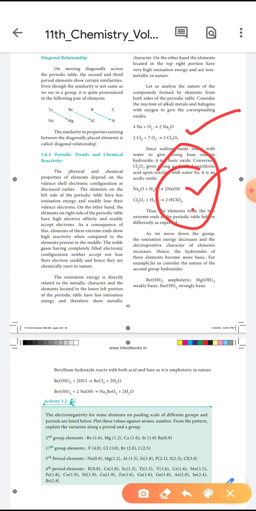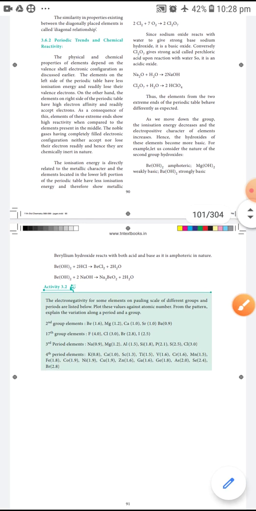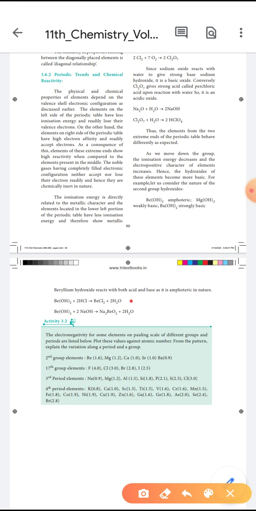Be(OH)2 plus HCl gives BeCl2 plus H2O. Beryllium hydroxide plus hydrochloric acid gives beryllium chloride and water. Beryllium hydroxide again reacts with sodium hydroxide to form sodium beryllate, Na2BeO2, plus H2O.